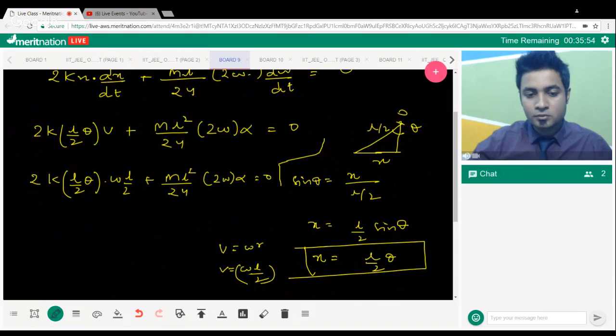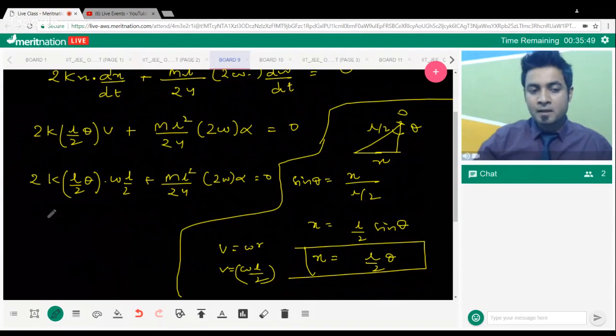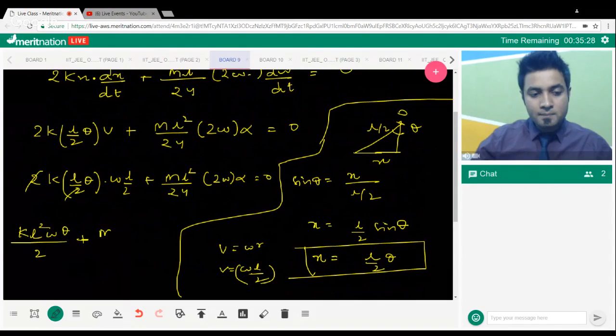Let me just put a boundary here. Yes, so here you can see the 2 will get cancelled out. And solving it, kl² ω theta upon 2, plus this will become ml² upon 12 ω alpha, equals 0.